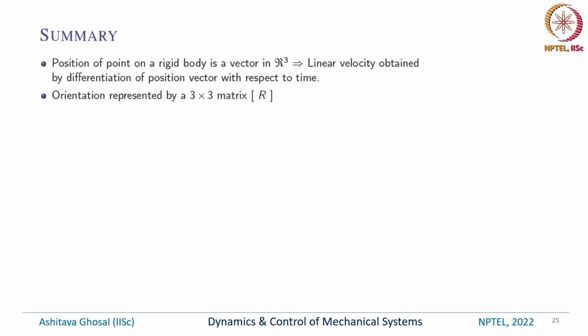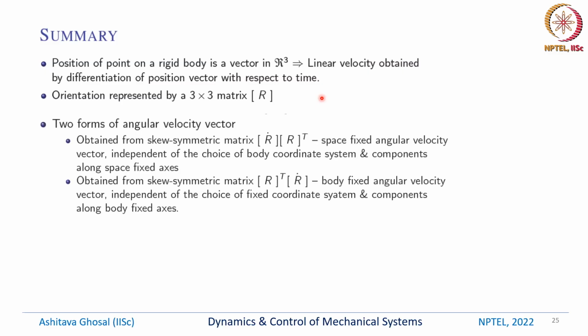So in summary, the position vector of a point on a rigid body is a vector in 3D space. The linear velocity can be obtained by simply differentiating the position vector with respect to time. The orientation of a rigid body is represented by a 3×3 rotation matrix R, which contains all these direction cosines, Rij's. From here, we get two different forms of angular velocity vector.